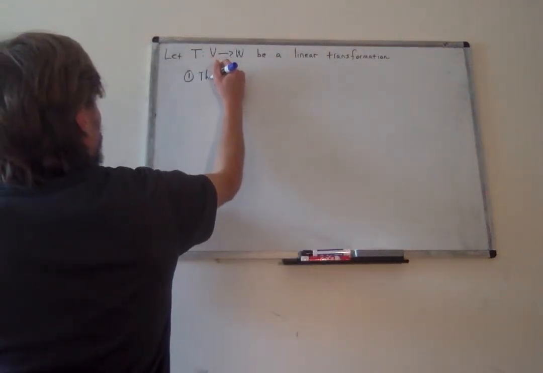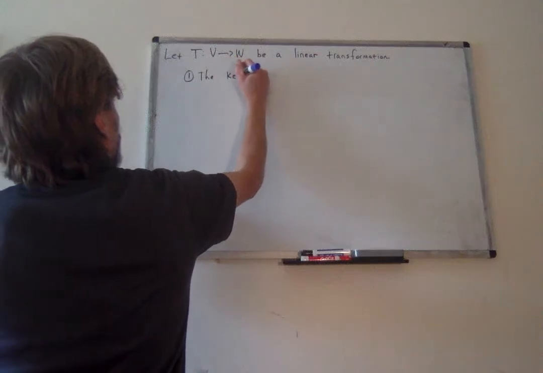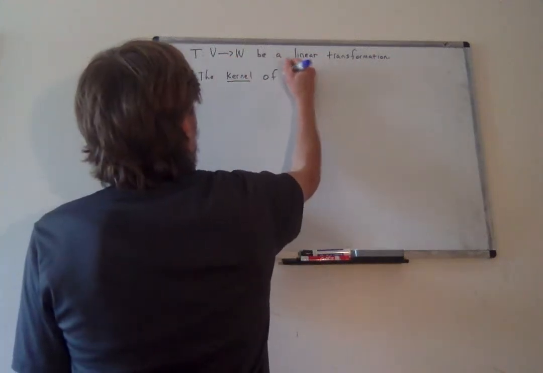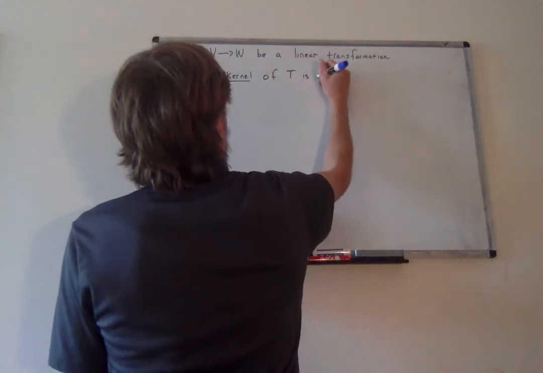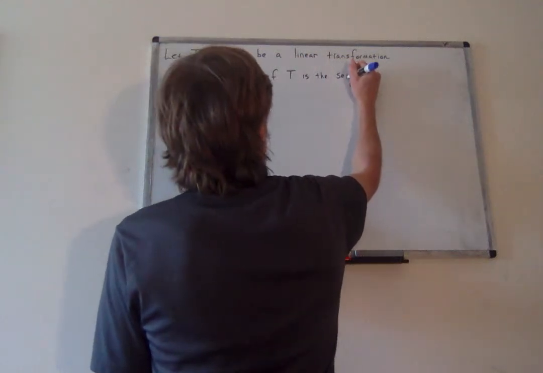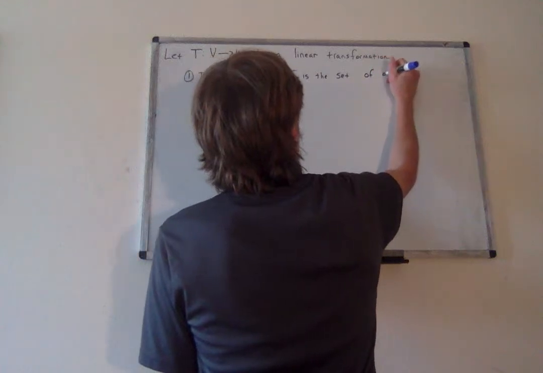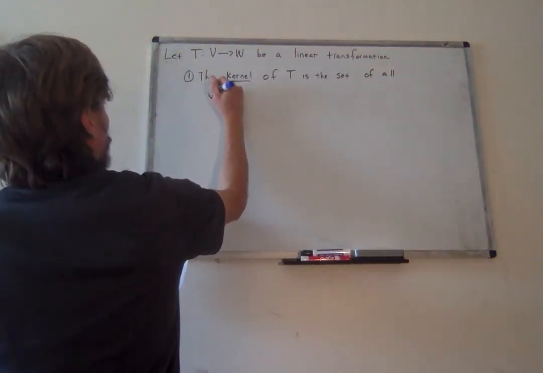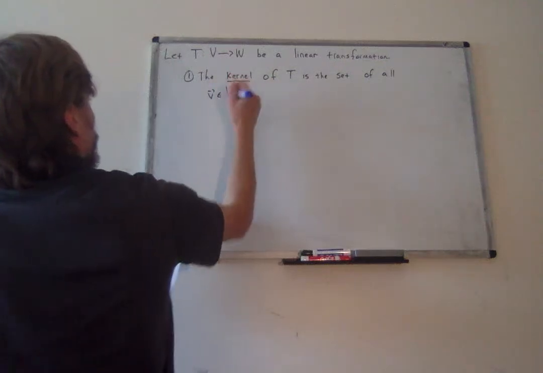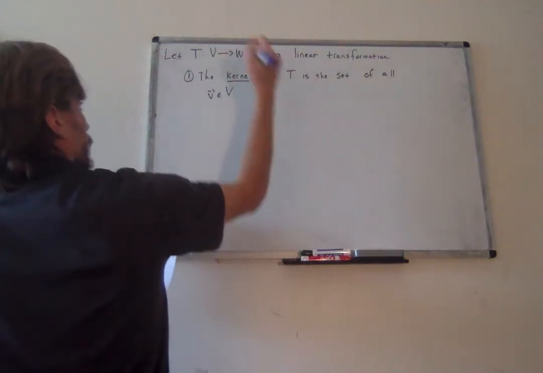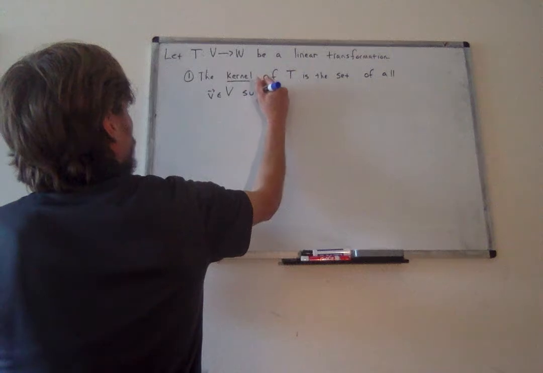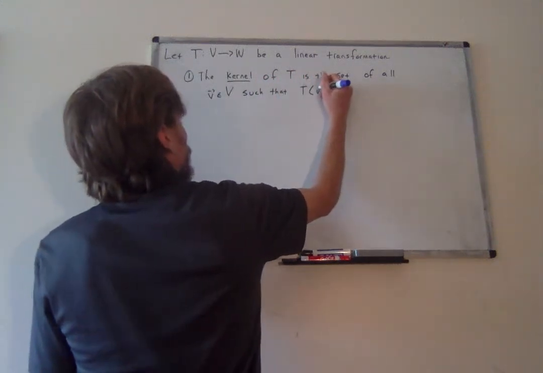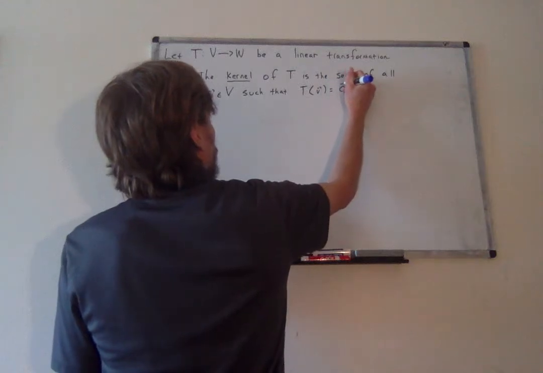So the kernel of T is the set of all vectors V in big vector space V such that T of V is equal to the 0 vector.